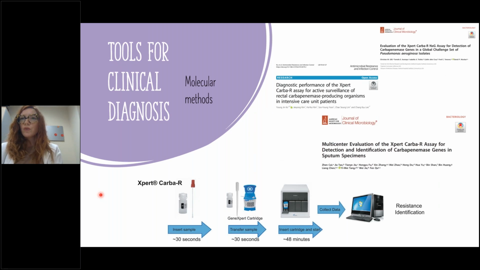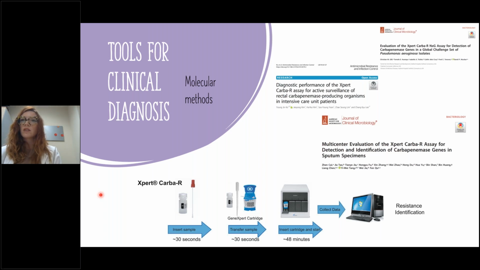There are a lot of tools in clinical laboratories that we can use for diagnosing this resistance. But the most important and the gold standard, of course, are molecular methods. One of the most widely used is the Xpert Carba-R from GeneXpert. It is a very easy to use technique.